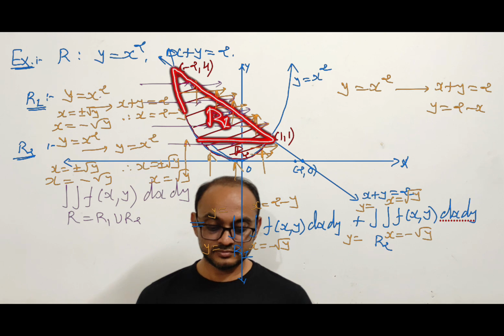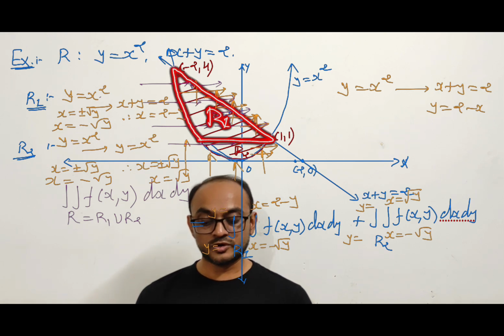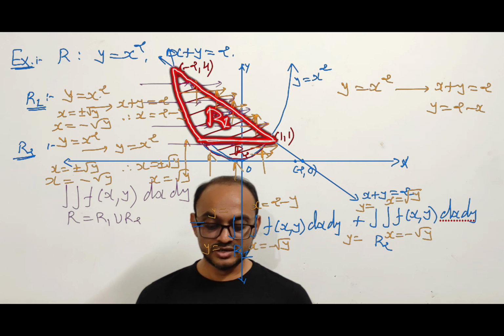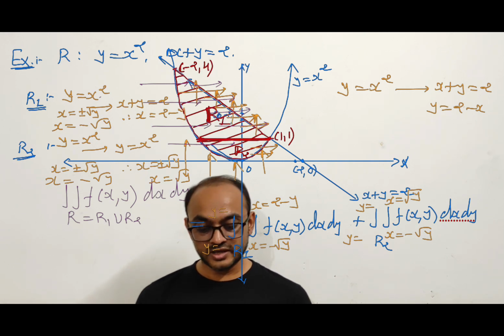The y-axis goes from this level to this level. Here y equal to 1, here y is equal to 4. Clear? So y is equal to 1 to y is equal to 4 for region R1.